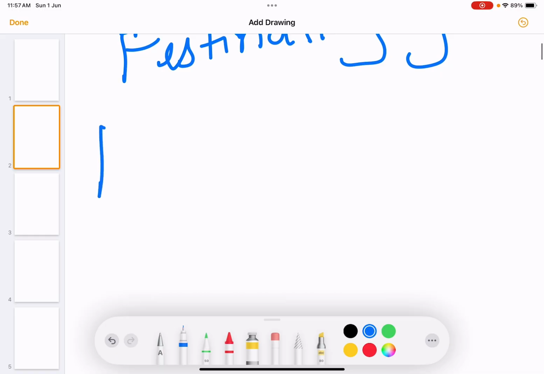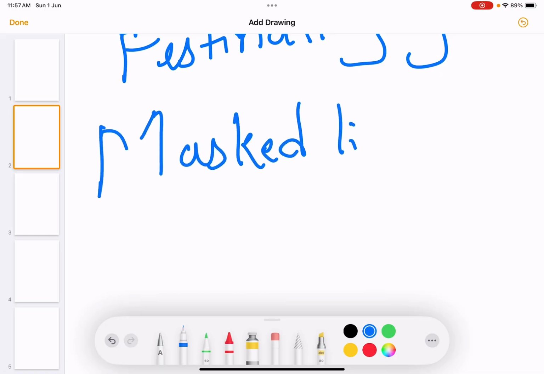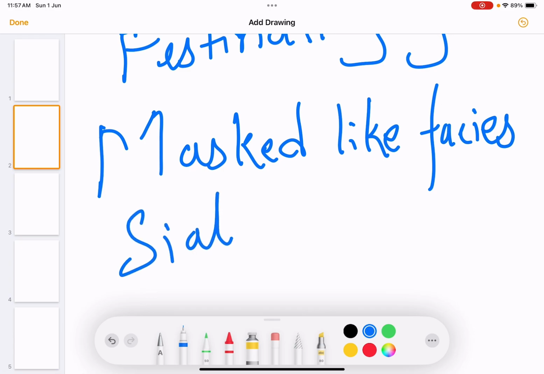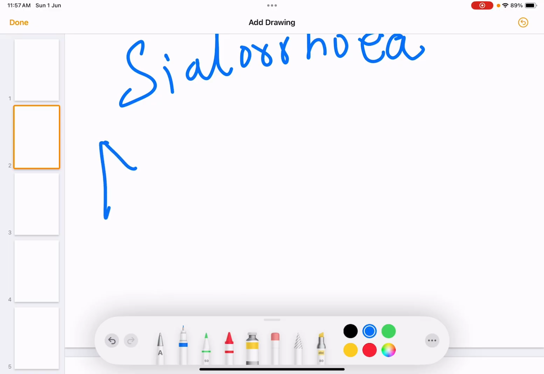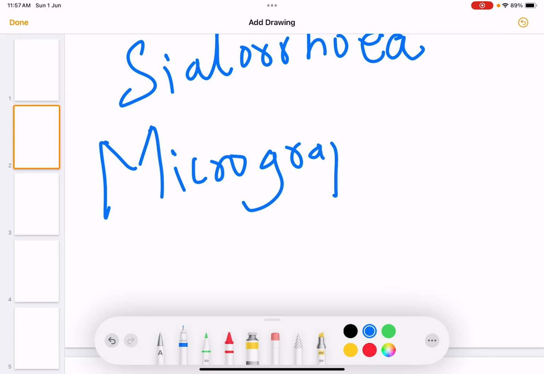Then there are mask-like faces. So there is an expressionless face and it occurs because of rigidity of facial muscles. There is sialorrhea or increased salivation, which is also called drooling of saliva. Then there is micrographia, small handwriting.